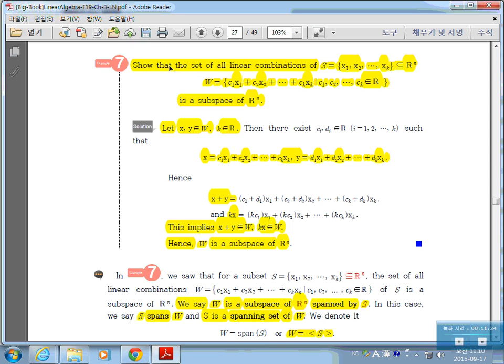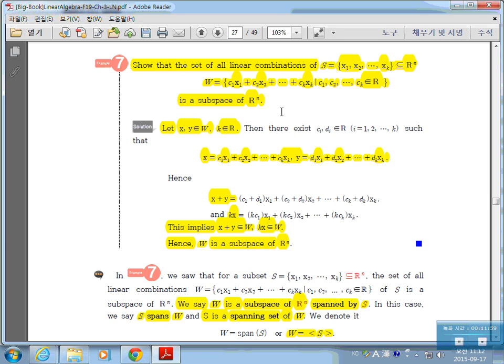Next, show that the set of all linear combinations of S, which is {x1, x2, ..., xk}, a subset of Rn, is a subspace. Let W be the collection of all the linear combinations of those xi's. Then W is a subspace of Rn.